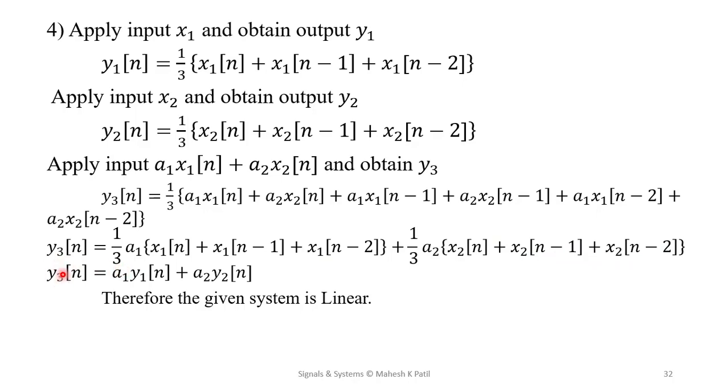Now we can write y3 of n as a1 y1 of n plus a2 y2 of n, because y1 of n is equal to 1 by 3 in bracket x1 of n plus x1 of n minus 1 plus x1 of n minus 2, and y2 of n is equal to 1 by 3 in bracket x2 of n plus x2 of n minus 1 plus x2 of n minus 2.